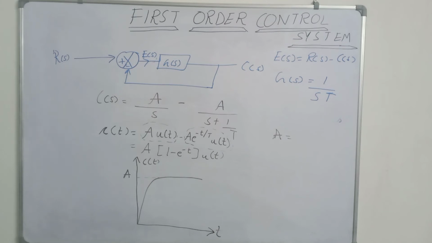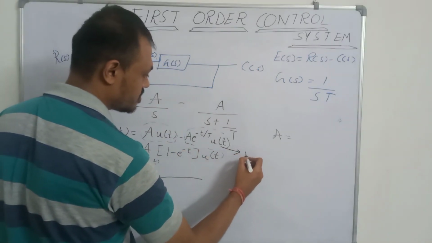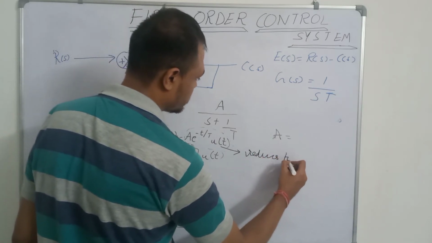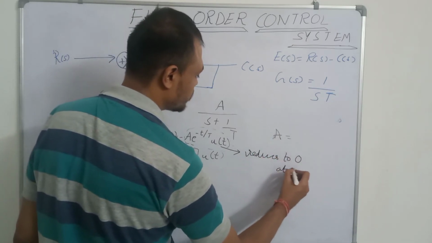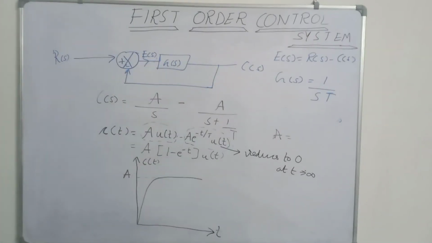As t tends to infinity, this value will reduce to 0, and at t tends to infinity, this value becomes A. So this is the step response of the first order control system.